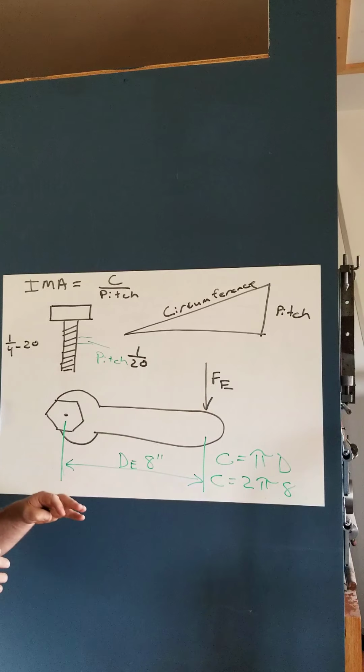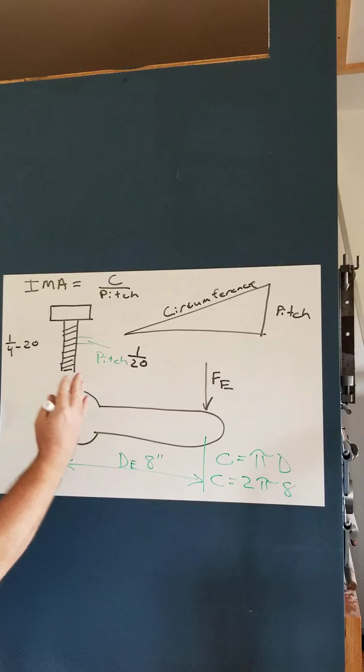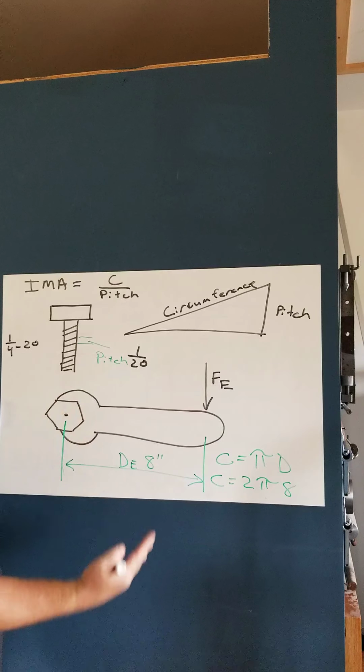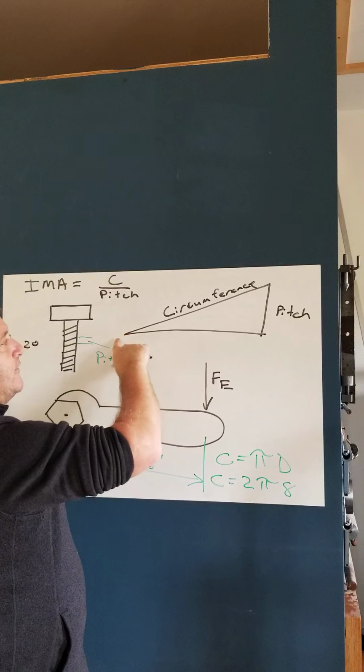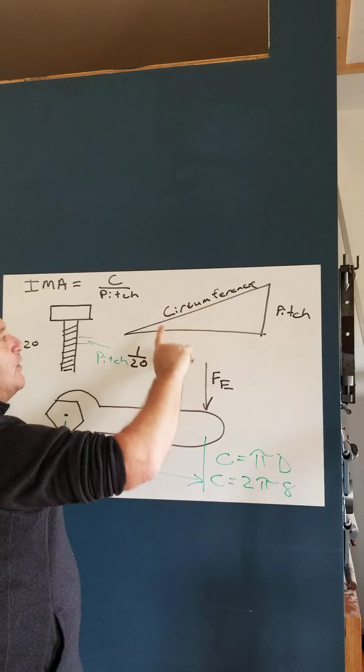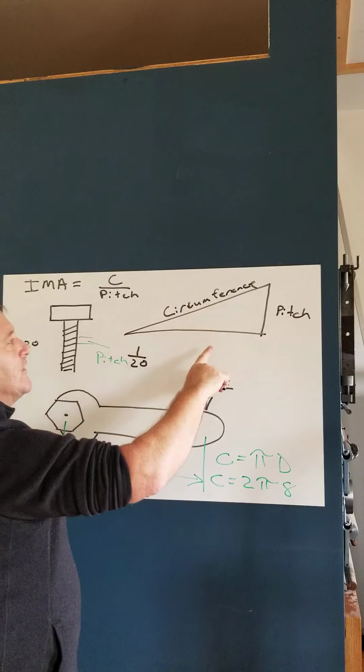You're taking the distance of effort to calculate the circumference of the circle you're making by pulling on the wrench. If you think about it, it then becomes an inclined plane problem. On the inclined plane formula, this was L and this was H. In a bolt, you calculate the circumference to get what L is, and the pitch to get what H is.